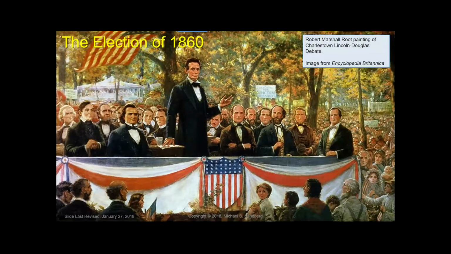So in 1860, Abraham Lincoln won the presidential election against Stephen Douglas and was elected president of the United States. Now, it was a time in the United States of a lot of friction and tension.